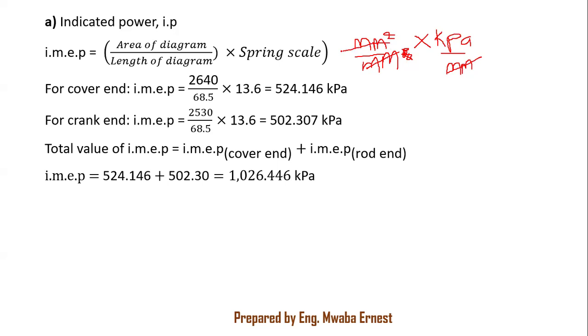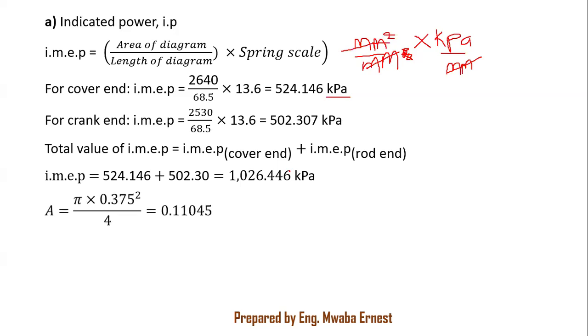And that's how come our unit is now kilopascals for the indicated mean effective pressure. So we go ahead to calculate for each of them. After that, the total is where we add the first one and the second one. And this is the total we have.